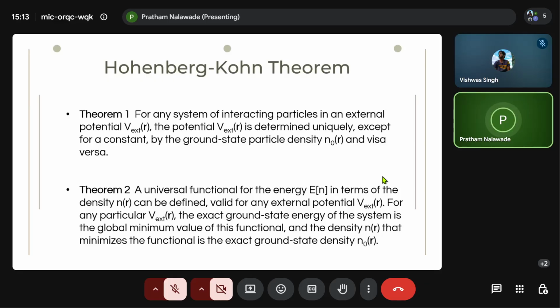Now I read this exactly because these two theorems are very precise, so I don't want to add or subtract anything so that it can be misunderstood.